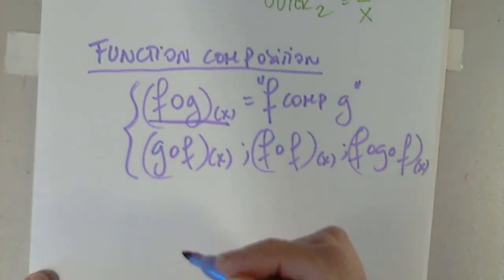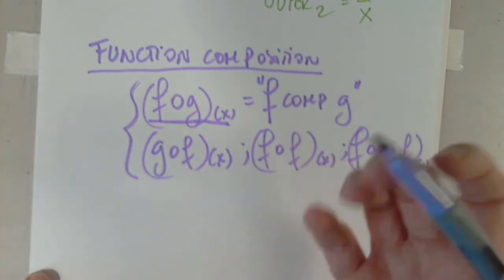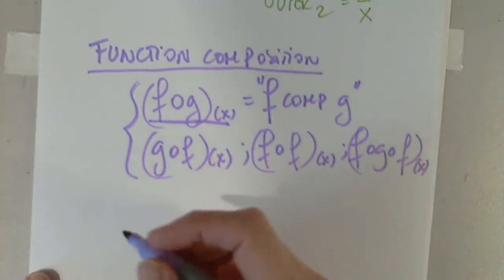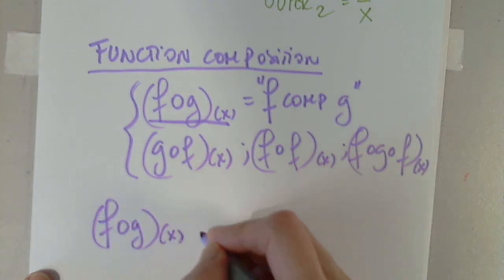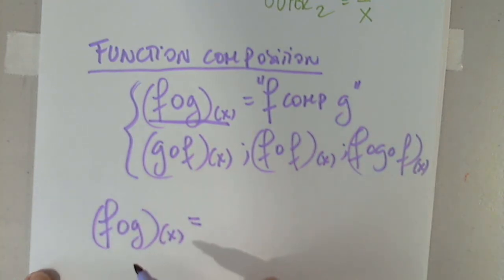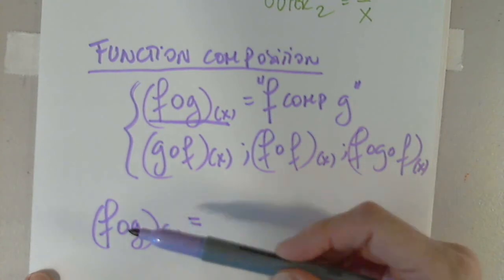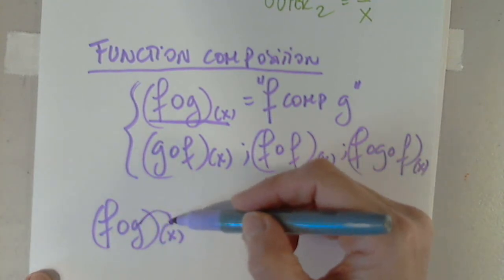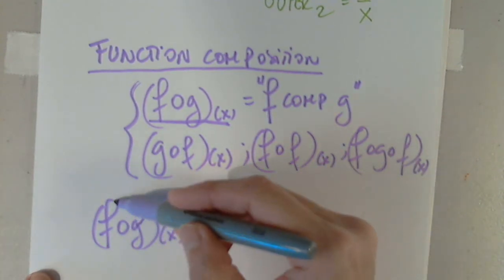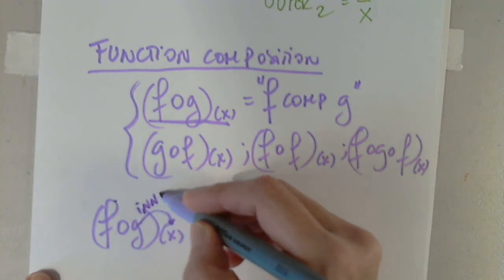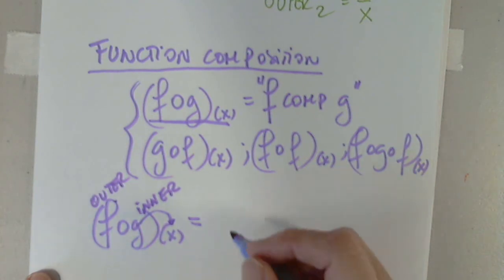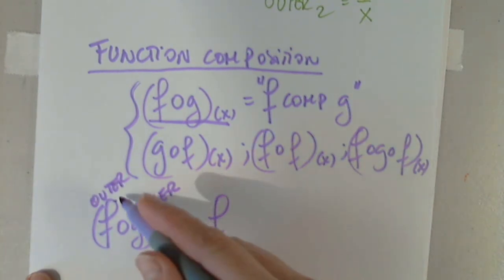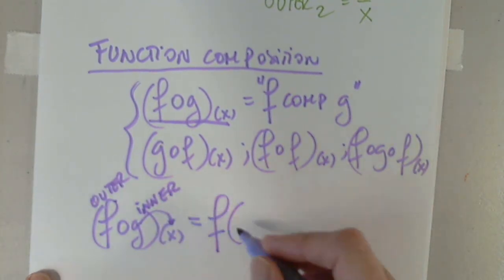So how do I differentiate any function composition? This is the general form. F comp g of x: by definition, g is the inner because it's the closest to x. It will be applied first. And f is the outer.